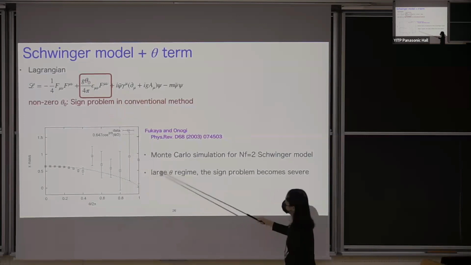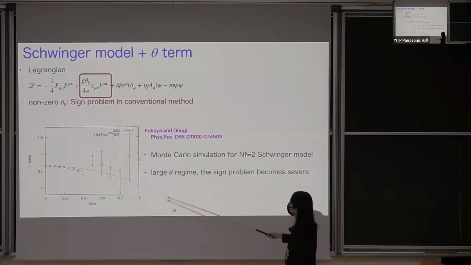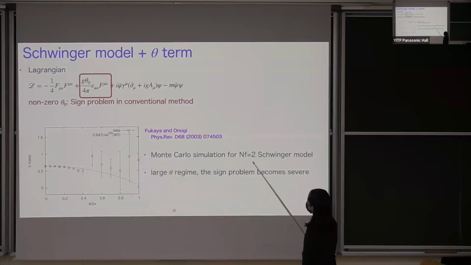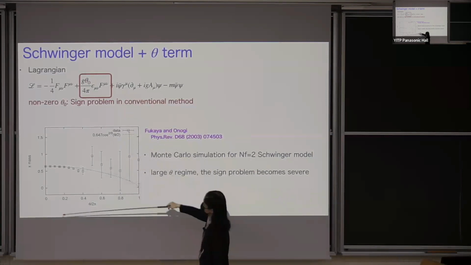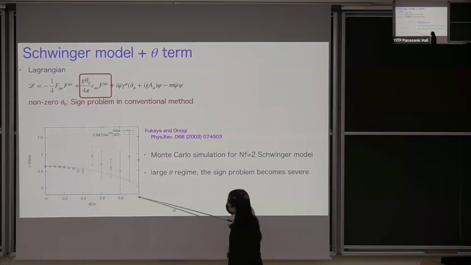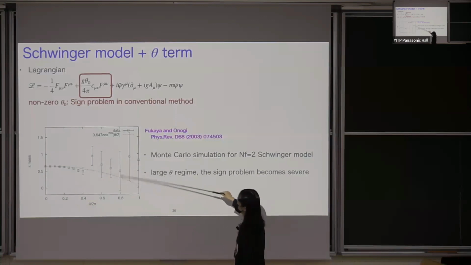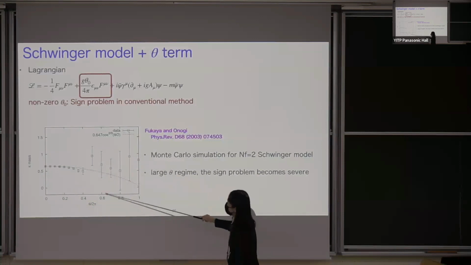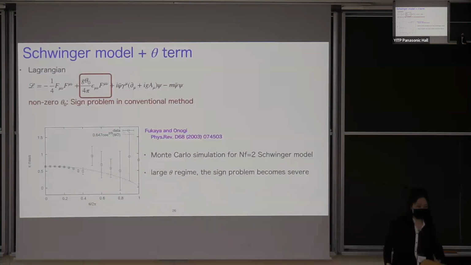This is one plot obtained by Monte Carlo simulation for the two-flavor Schwinger model by Fukaya-san and Onogi-san. They investigate the hadron spectrum, pion mass, as a function of theta, and you see the statistical error almost diverges in the large theta region. This is a signal of the sign problem.